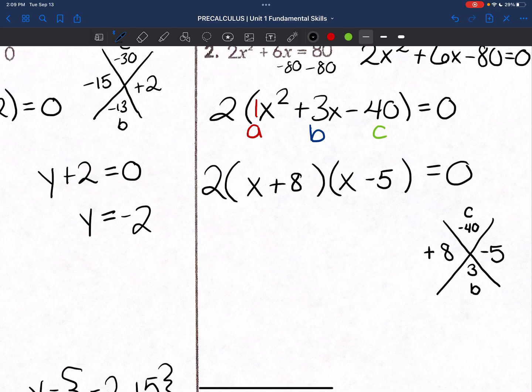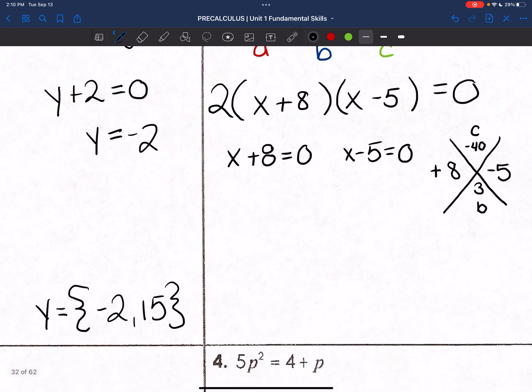Now we will set those expressions that include x equal to 0 using that zero product property to solve for the values of x that make our equation true.